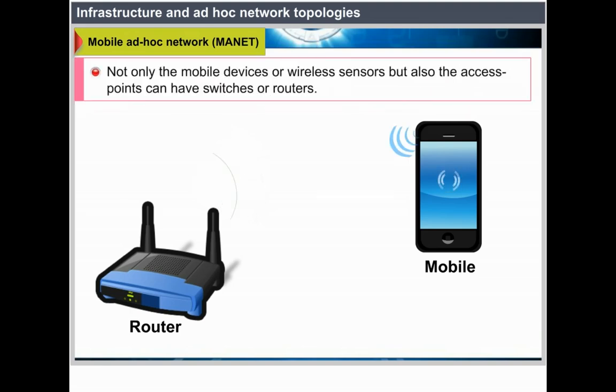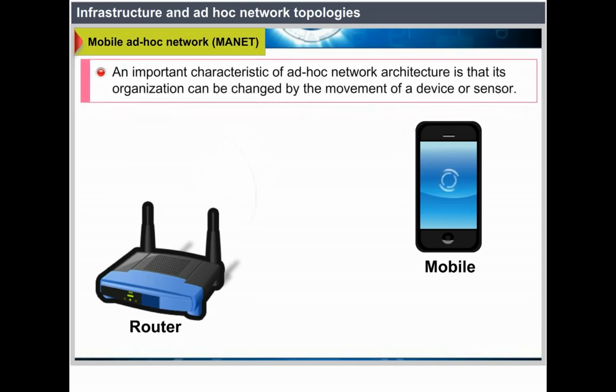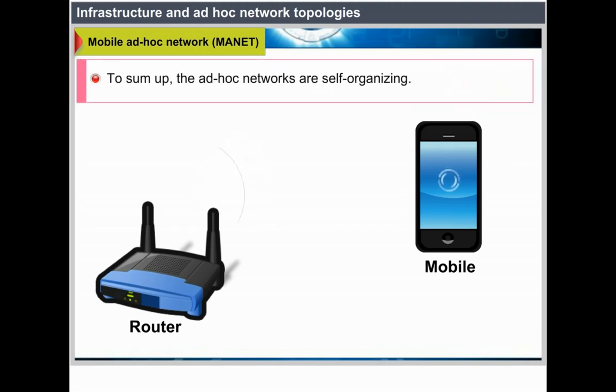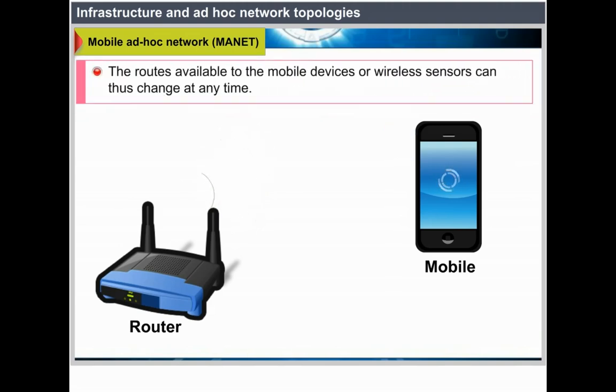The mobile devices or wireless sensors as well as the access points can have switches or routers. An important characteristic of ad hoc network architecture is that its organization can change due to movement of a device or sensor. In other words, ad hoc networks are self-organizing. The routes available to the mobile devices or wireless sensors can thus change at any time.